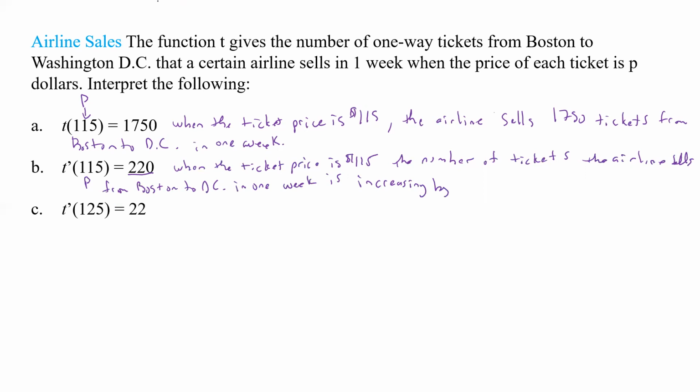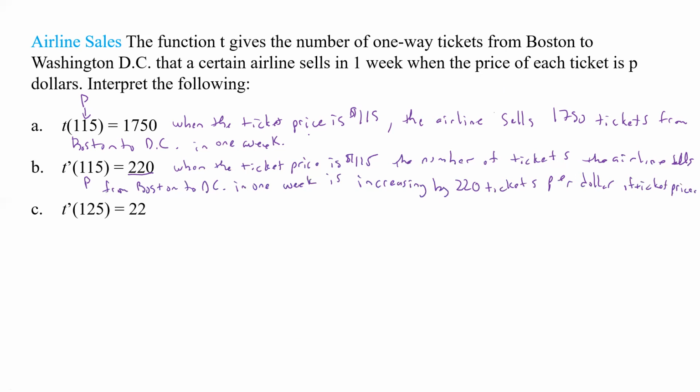Well, it's increasing by 220 tickets per dollar spent. So it's going to increase by 220 tickets per dollar for the ticket price, or however we want to say it. So per dollar basically of ticket price. Okay.